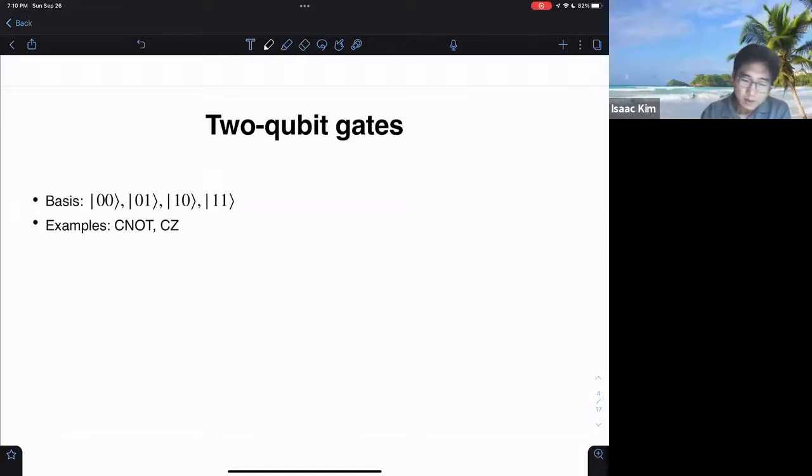The most prominent examples are the CNOT gates and CZ gates. So how do they behave? We can specify them by considering their action on the basis set. So I'll just do that.